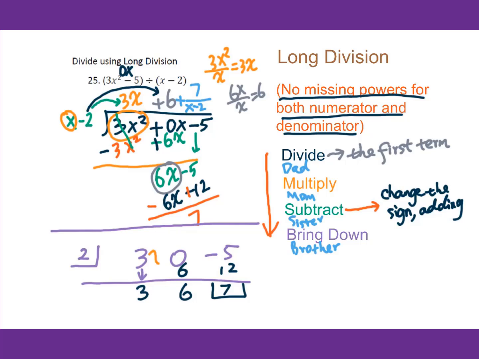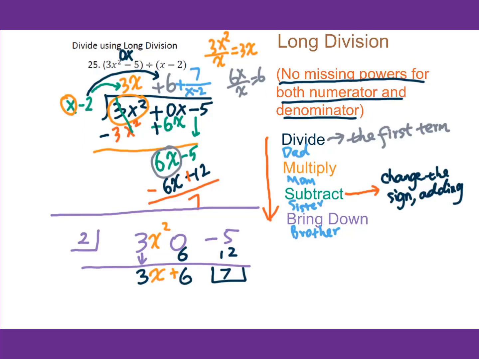Then we got x squared. So this is 3x plus 6. And then we can write down the answer as 3x plus 6 plus 7 over x minus 2. Yeah, we got the same answer. But when you compare these two methods, when the divisor is a linear function, I recommend that you should use synthetic division.